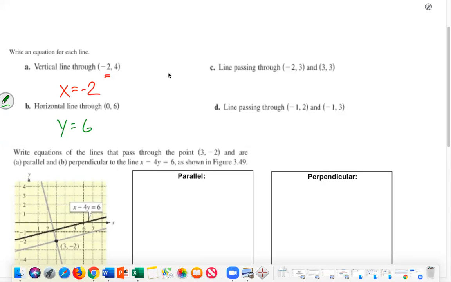Now for C and D, it says, write the equation of the line passing through the points. Not very descriptive. Here's what I do. I always look at my points. If I look at my points, what jumps out off the page about the points?